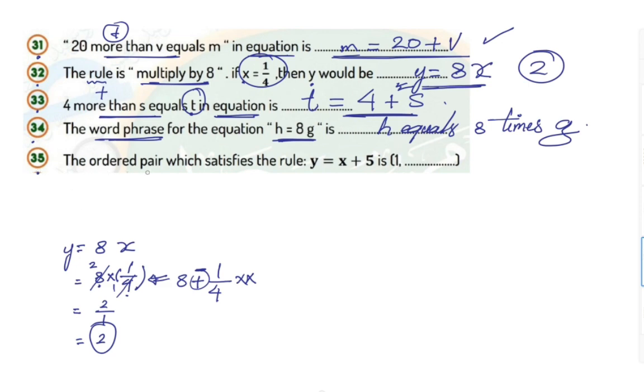Last point here, 35. The ordered pair which satisfies the rule y equals x plus 5 is 1 and what? Of course, 1 is the independent. Where is the independent? It's x. So 1 is x, and the missing one is y, the dependent. So I need to find the value of y when x equals 1.